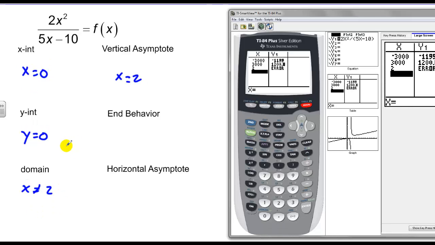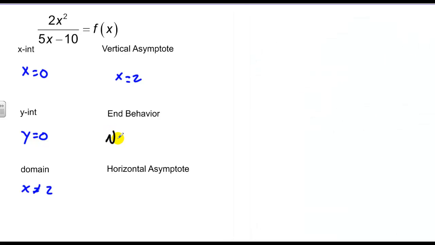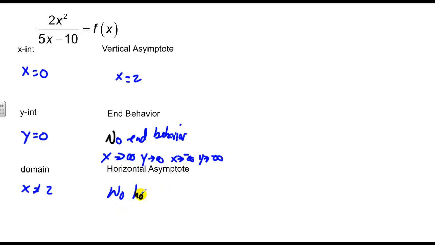Rather than no end behavior, as x goes to infinity, y goes to infinity, and as x goes to negative infinity, y goes to negative infinity. So there is an end behavior, but it doesn't approach one number. So there's no horizontal asymptote.